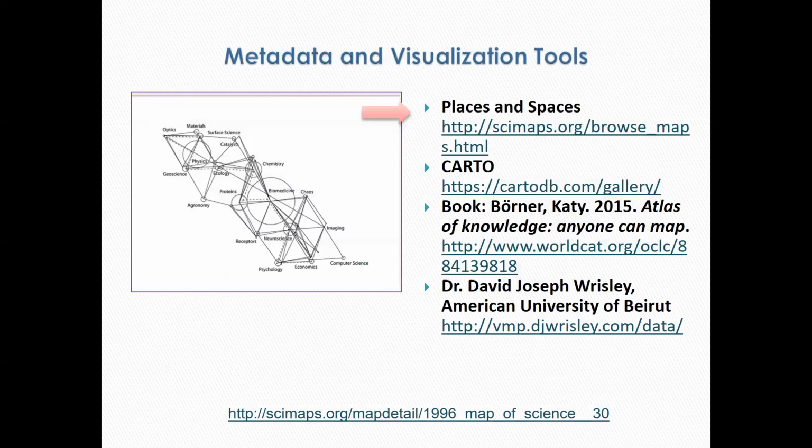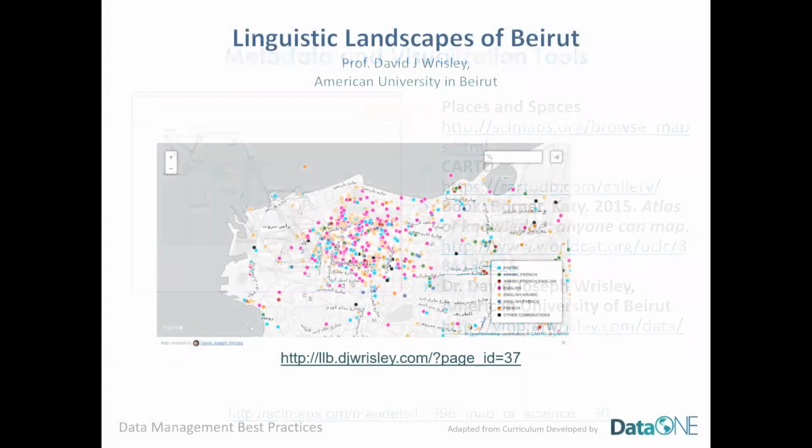Another program called Kato is a mapping application that you can use to visualize your data and plot them on online maps. It is popular among geospatial digital humanities, which is a specialization that one of my colleagues, Dr. David Joseph Risley at the American University in Beirut, has been using for his linguistic project.